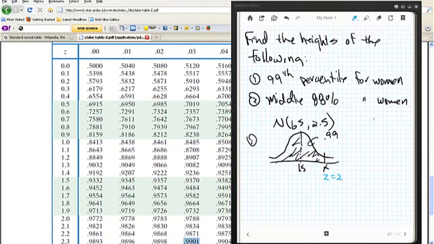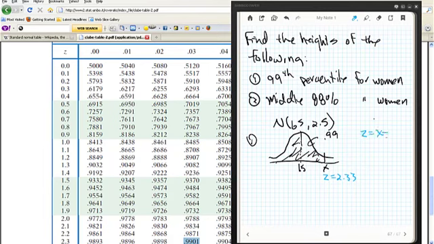So let's go back here. I know that Z equals 2.33. Now you may say, well, Ripley, that's great. I know now that 2 1/3 standard deviations away from the mean represents the 99th percentile. Great, but I haven't answered the question. I want the height of the woman. Well, guess what? We still just use the same formula.